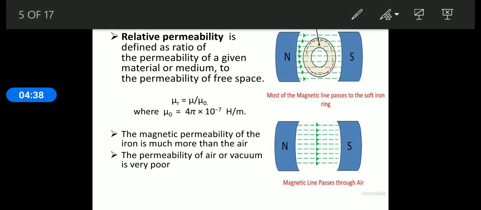Here the figure shows that most of the magnetic lines pass through the soft iron ring, and fewer magnetic lines pass through the air. That is, the permeability of air is poor, and the permeability of iron is more as compared to air.